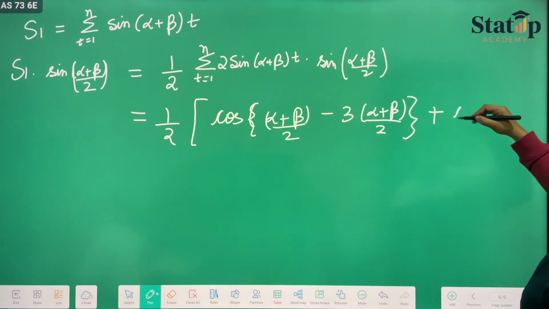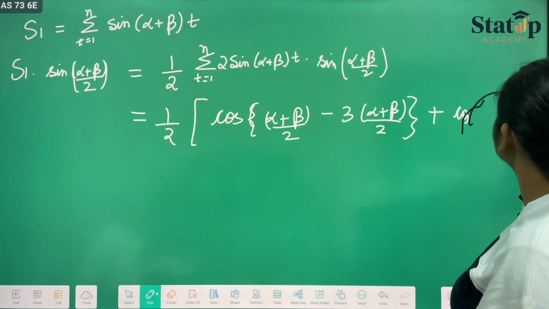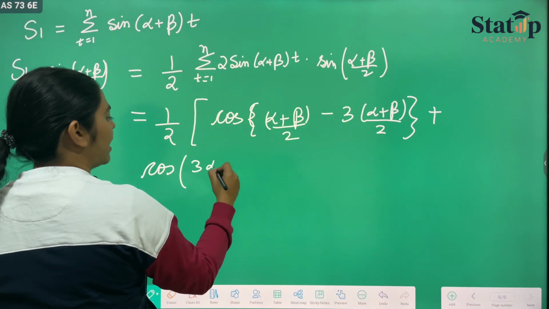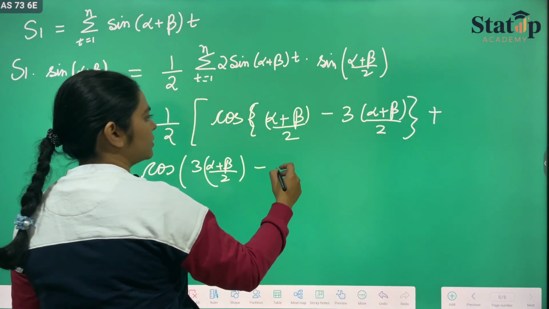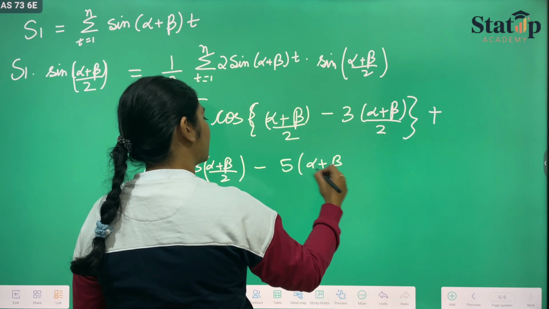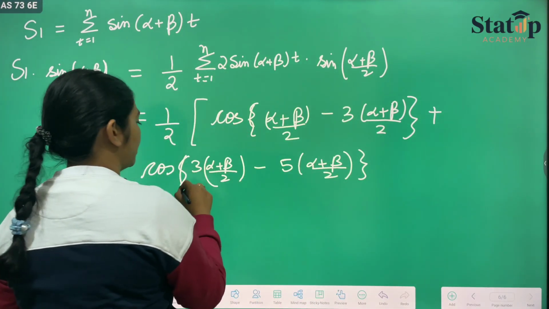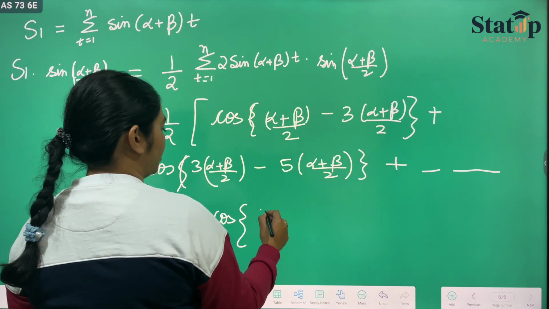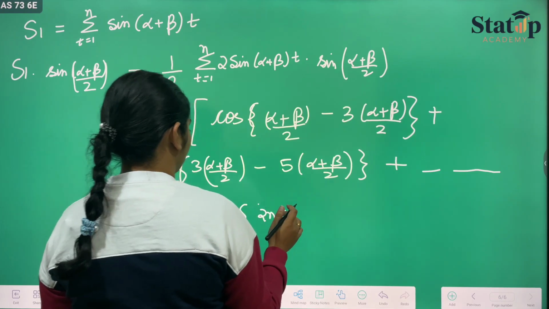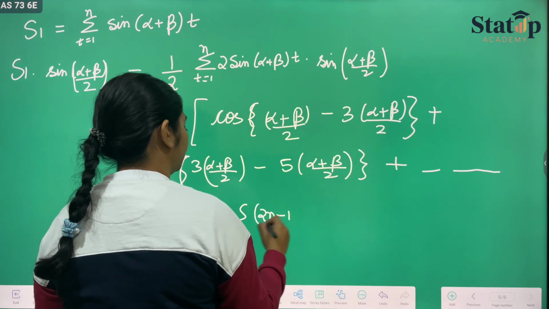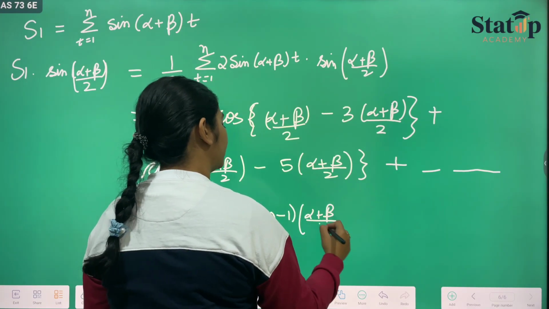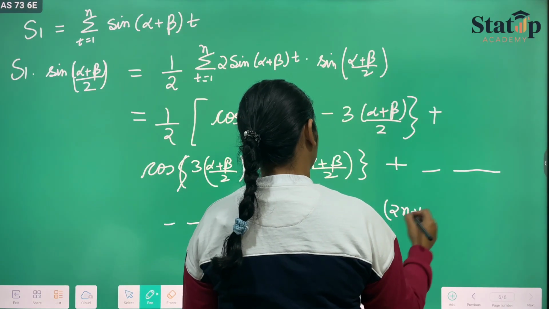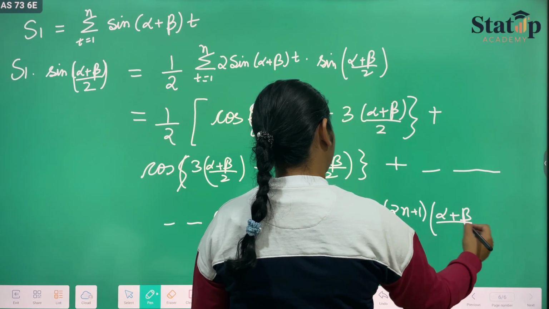Then again cos, the next term would be cos 3(alpha plus beta)/2 minus 5(alpha plus beta)/2, and up till the last term would be cos (2n minus 1)(alpha plus beta)/2 minus (2n plus 1)(alpha plus beta)/2.